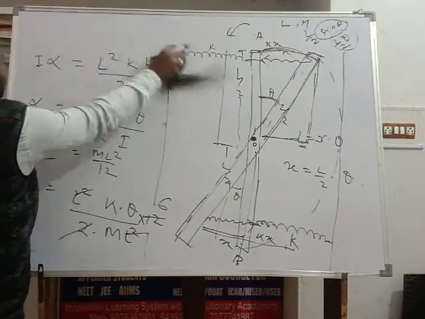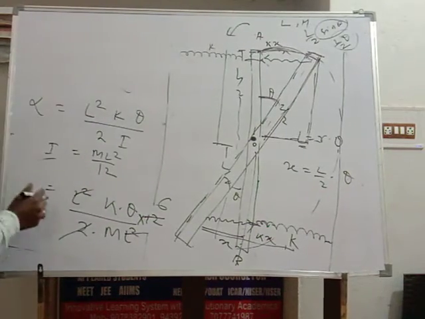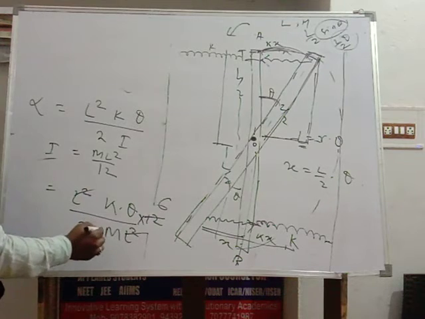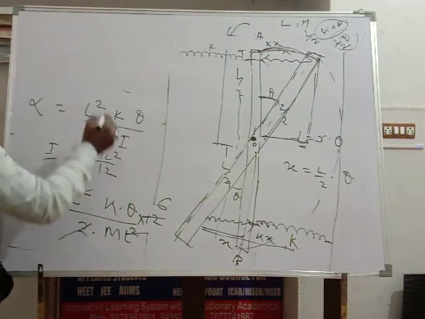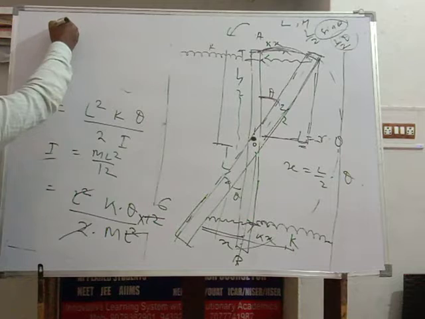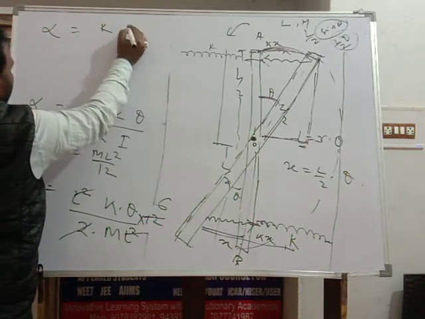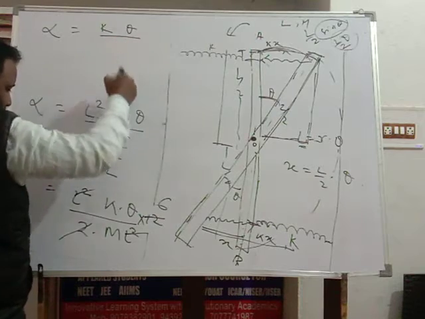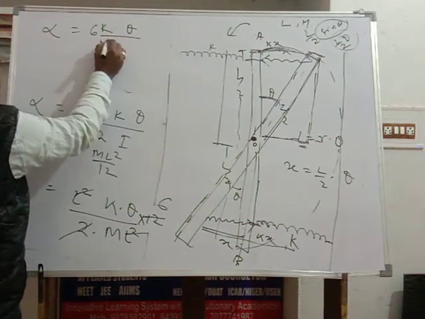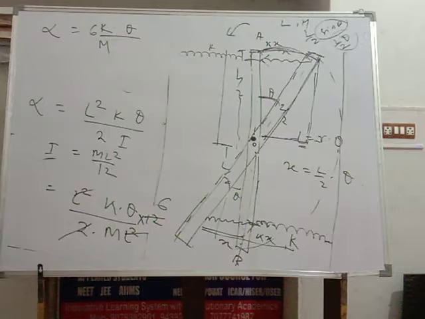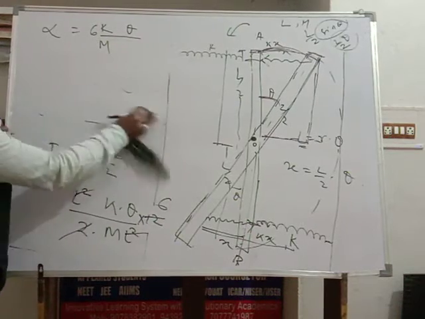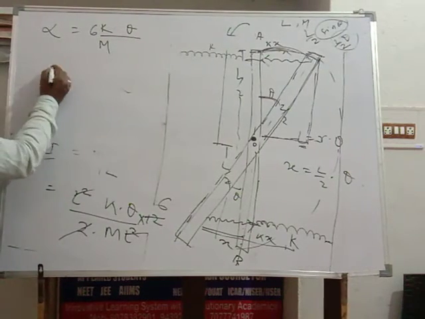So this would become K theta upon m. So alpha would be equal to 6K theta upon m.